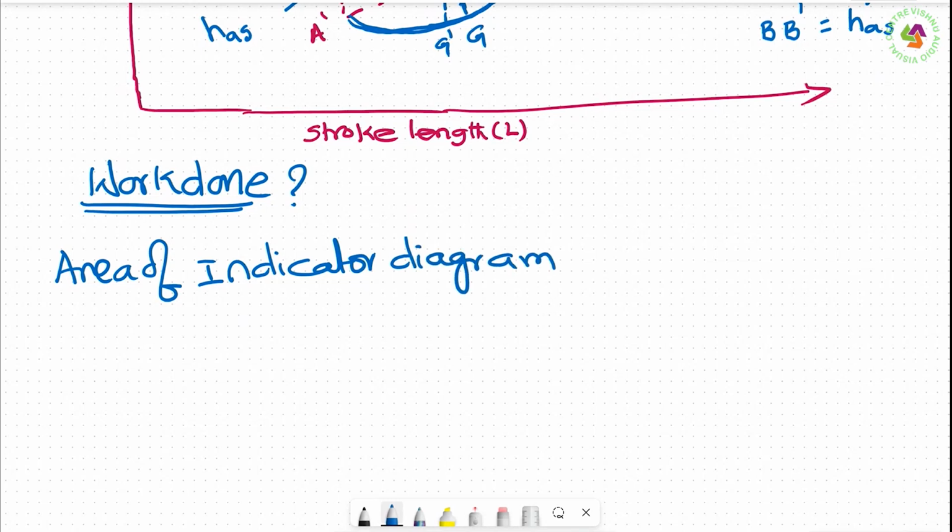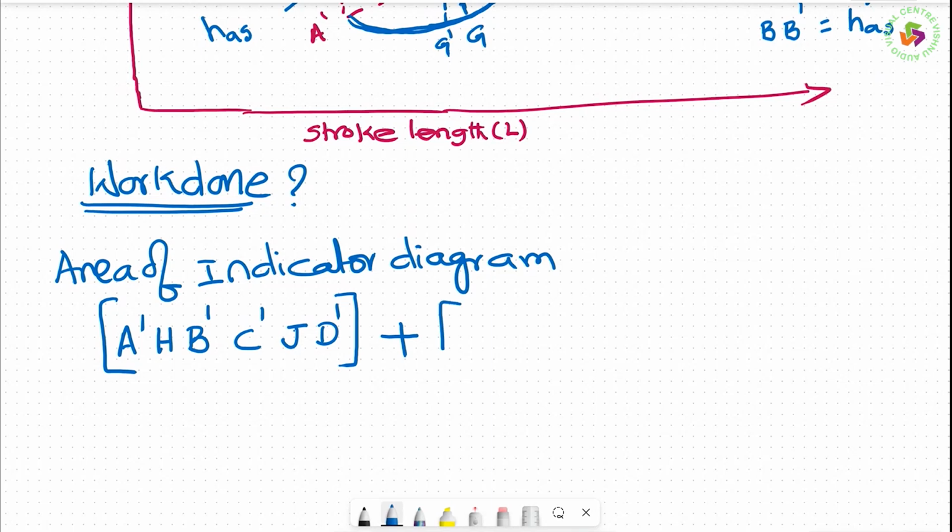What is the area of the indicator diagram? First, if I take it, it is A dash, H, B dash, C dash, J, D dash. So this is a rectangle, like. This is the first thing, plus parabolas.